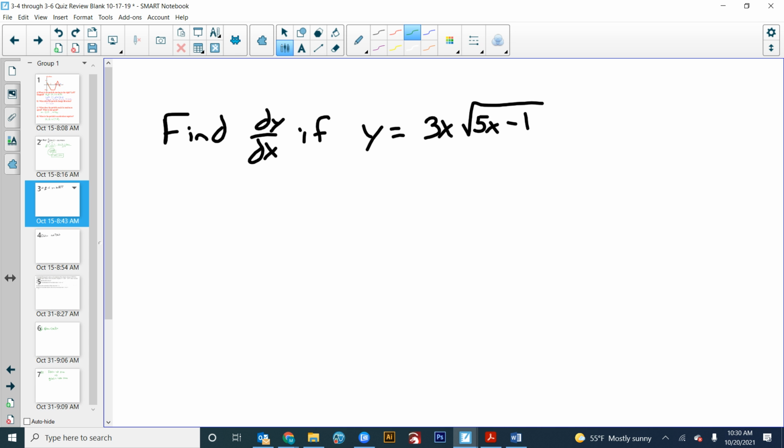I would say write this answer as 1 fraction.